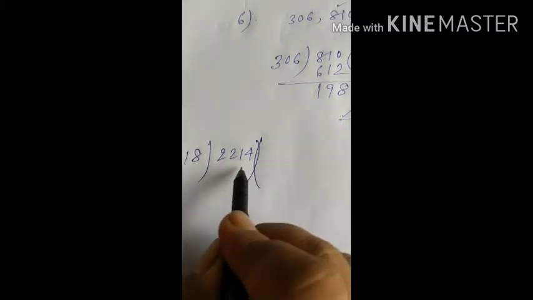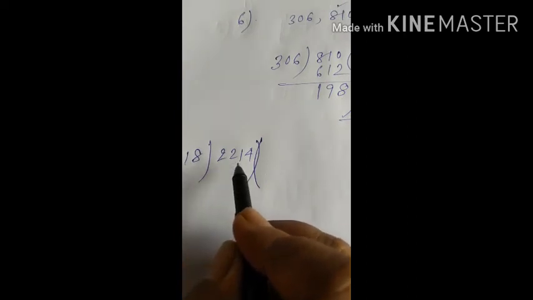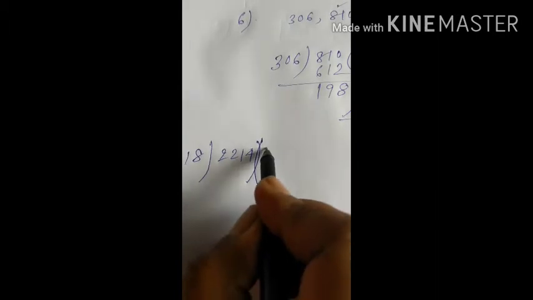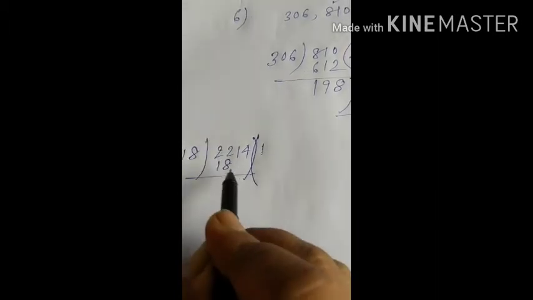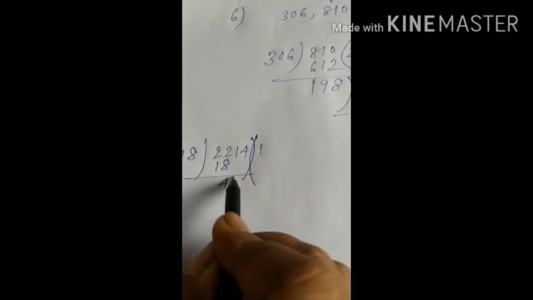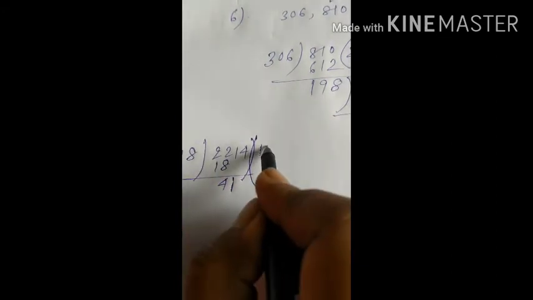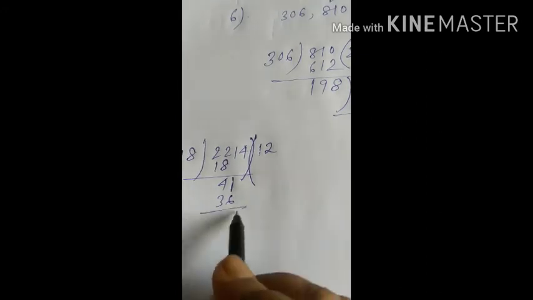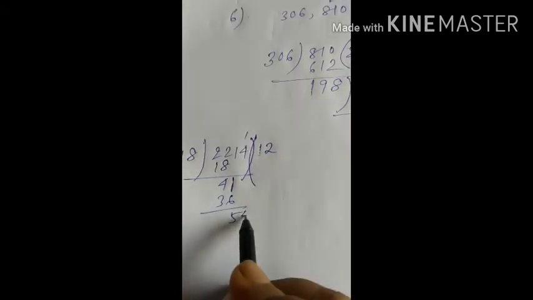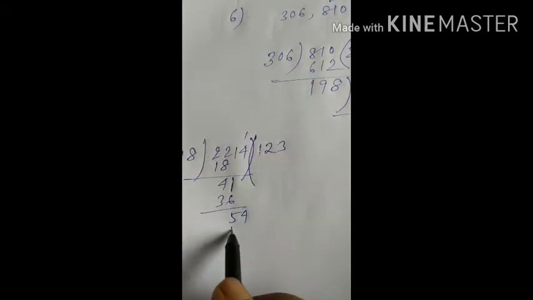So here we will get 18 ones are 18, 4 1, 18 twos are 36, 54, 3 18s are 54.